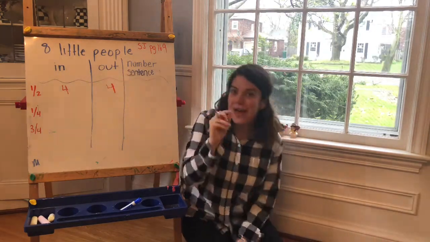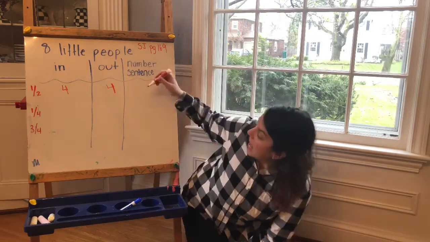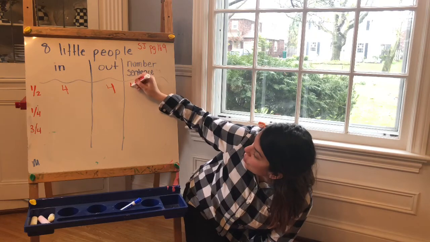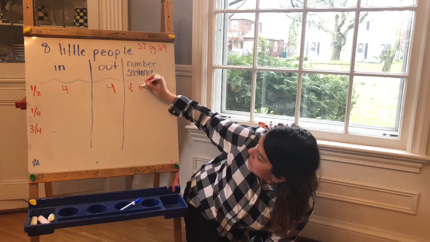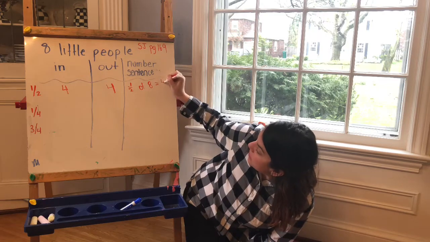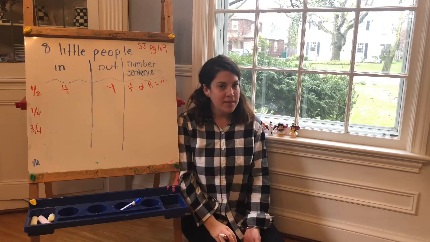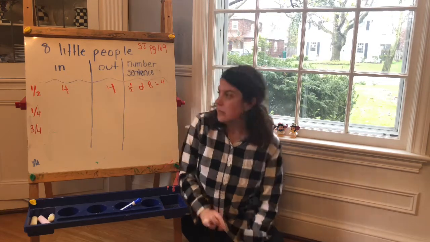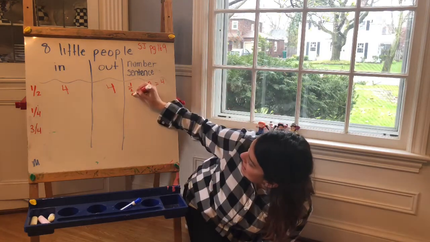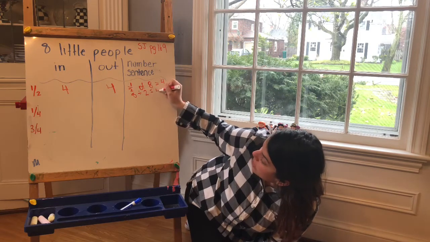Okay, so if I were to write a number sentence for that, I would say 1/2 of 8 equals 4. So you are all probably thinking, well, that also means, Miss Eden, that 8 divided by 2 equals 4.